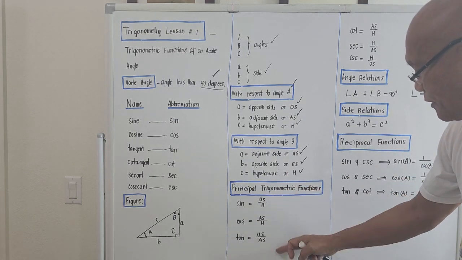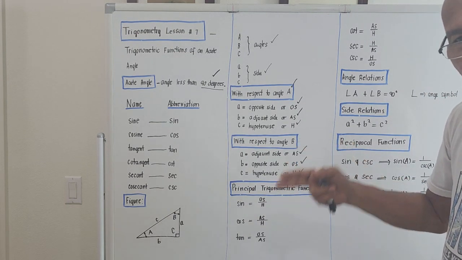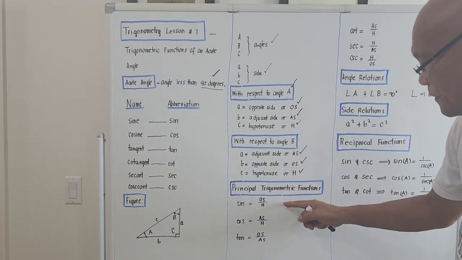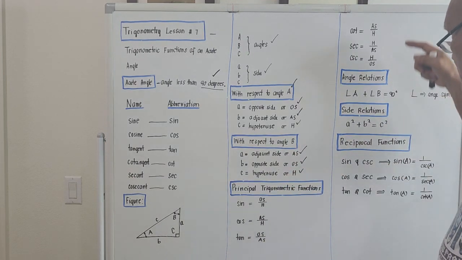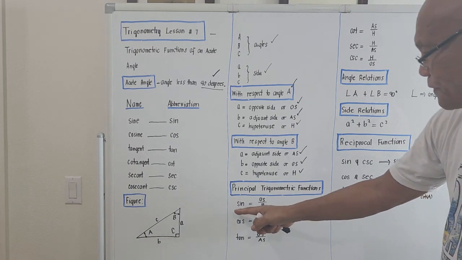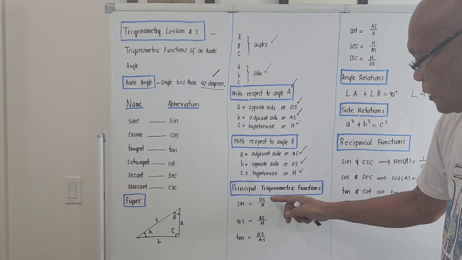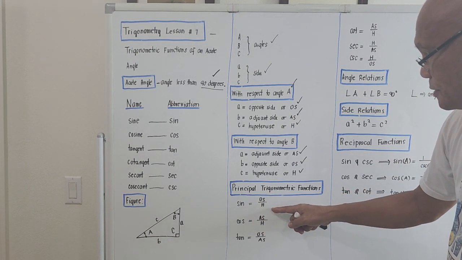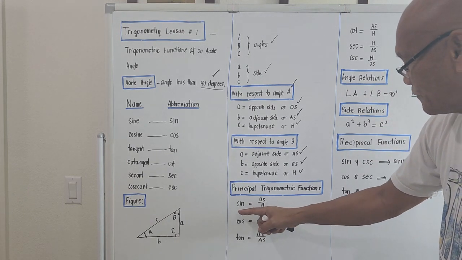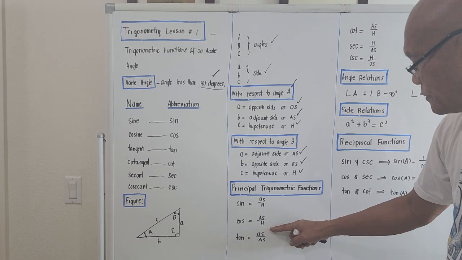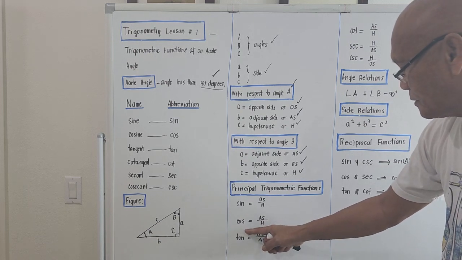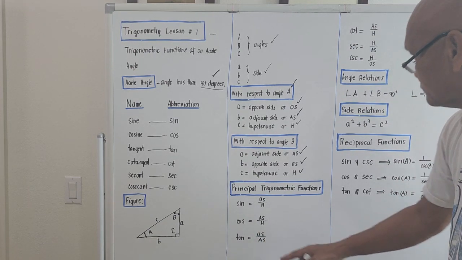These are the basic definitions, and for as long as we are living, these definitions will not change. So for a sine function, it will be opposite side over hypotenuse. And a cosine function will be adjacent over hypotenuse. And for a tangent, it should be opposite over adjacent.